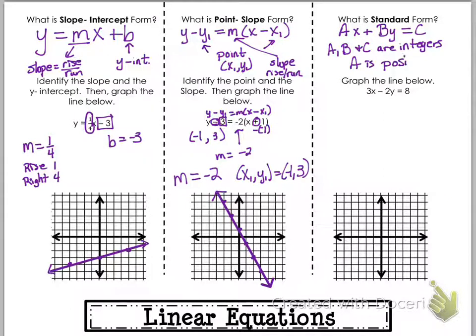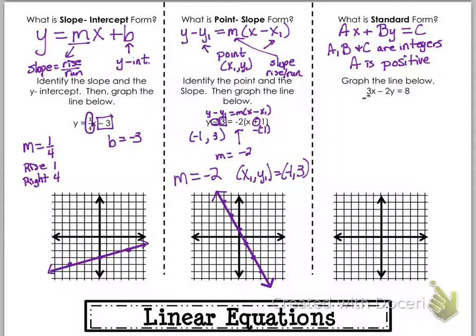In order to be in standard form, A has to be positive. If I want to graph an equation that is in standard form, the first thing I need to do is make it look like one of the others, either point-slope or slope-intercept. The easiest one is going to be slope-intercept, so I'm going to solve for y.